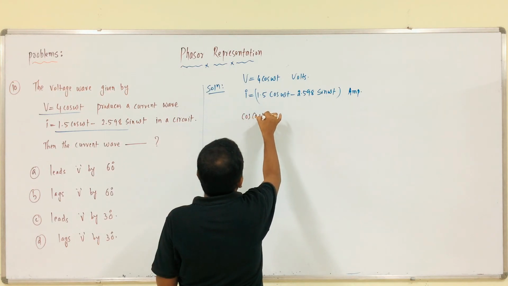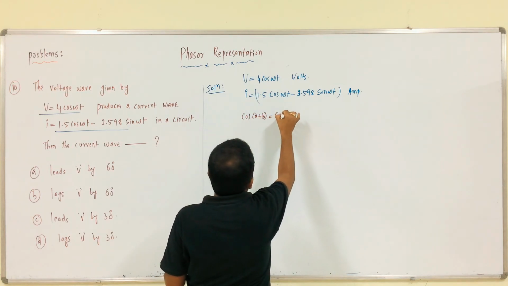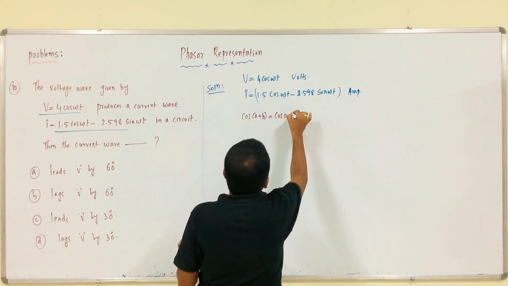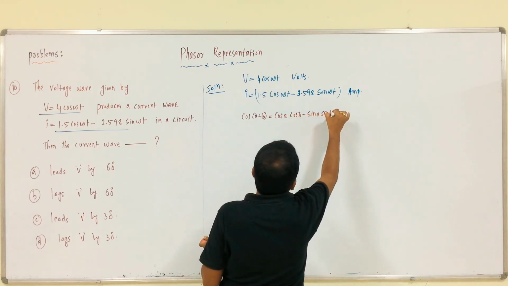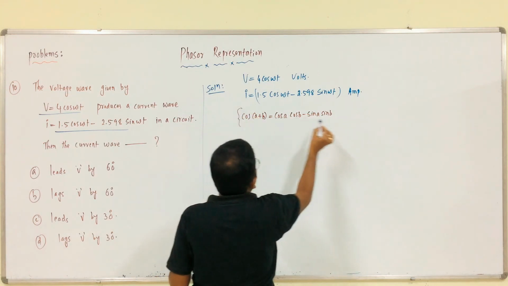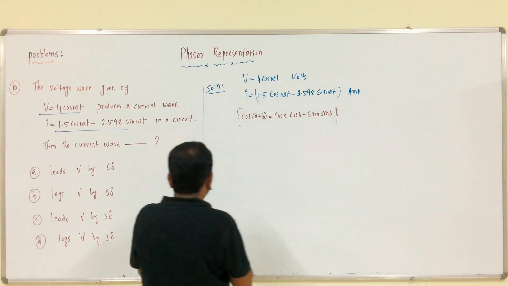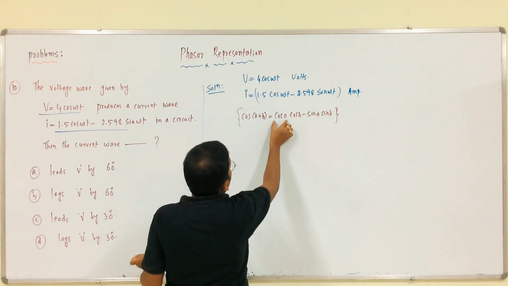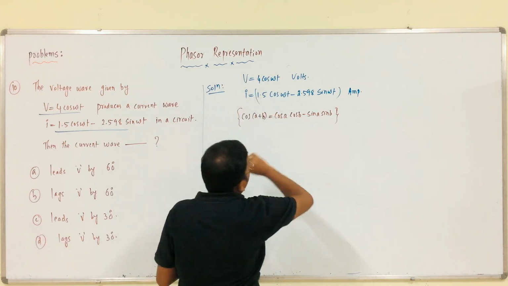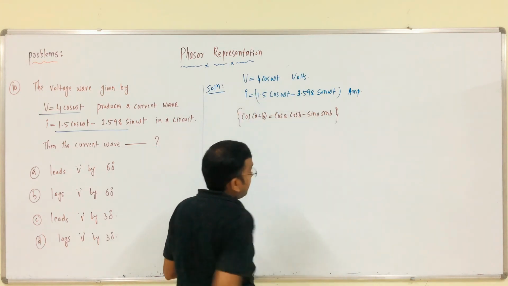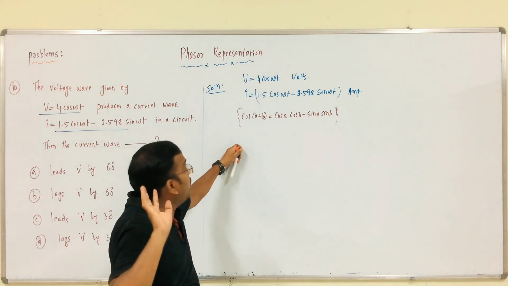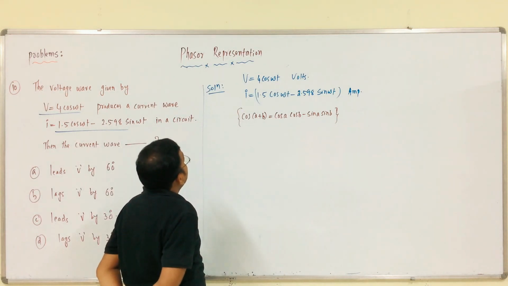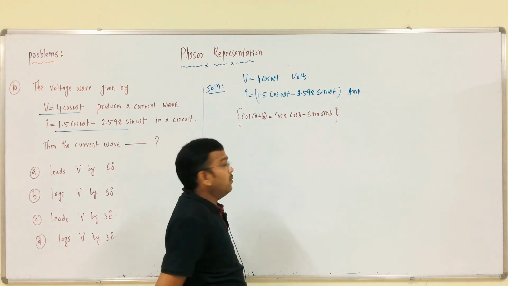Current looks like what? Same formula, cos of A plus B is what? Cos A cos B minus sin A sin B, right? Then use this formula to get the value. But again, in place of cos A we have 0.5, in place of sin A we have 2.598. The maximum value is nothing but 1 only. So, we have to multiply and divide by some value.